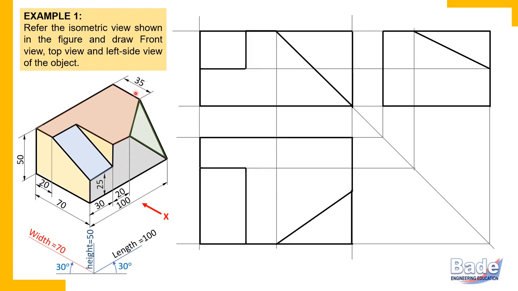So this edge parallel to width we have already drawn here. Watch here. So you may project this 35 millimeter distance from top view to side view. This way. So 35 millimeter this length, check the end projectors here.